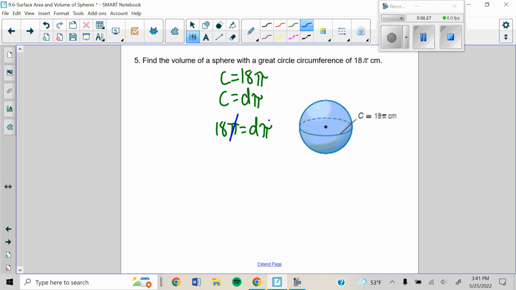I have a pi on both sides, they cancel. So my diameter is 18, that makes my radius 9. Volume is 4/3 pi times my radius cubed. 9 cubed.